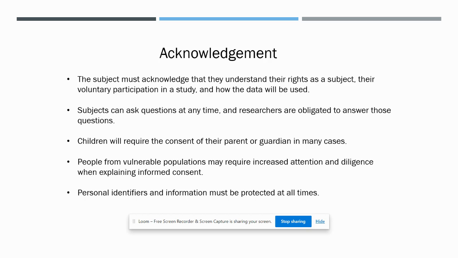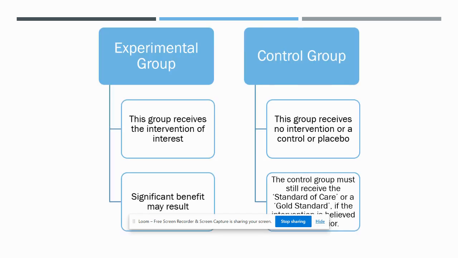So as a researcher, you may need to do a little bit of extra legwork, not only to gain their trust, but to also make sure that risks, benefits, and the purpose of the study are fully explained to participants. Obviously, personal identifiers and information have to be protected at all times.